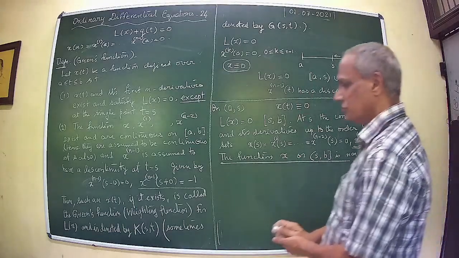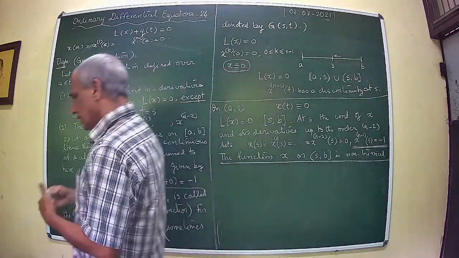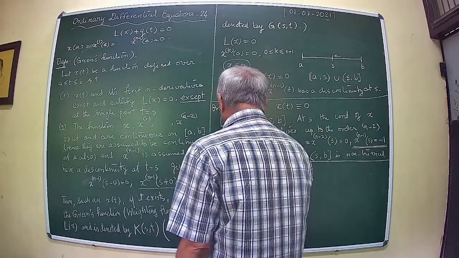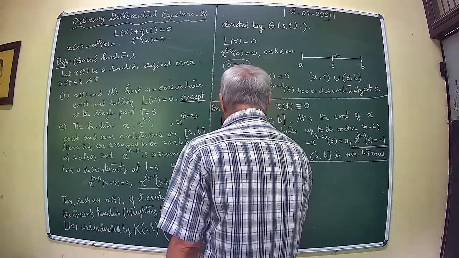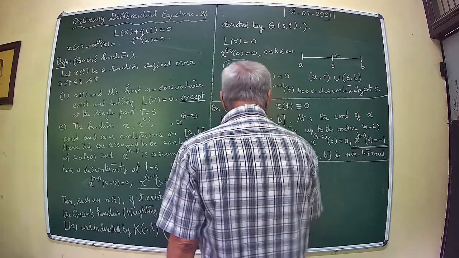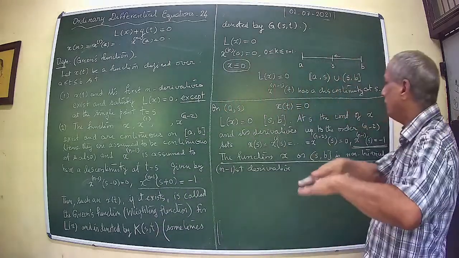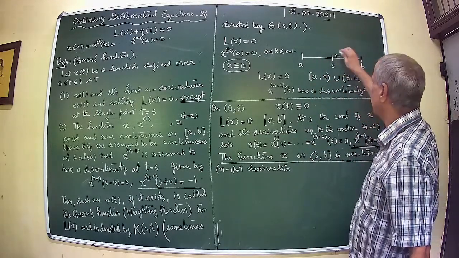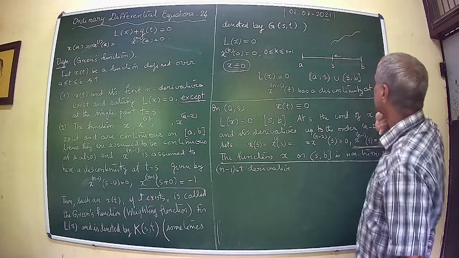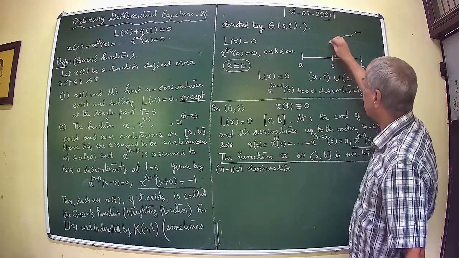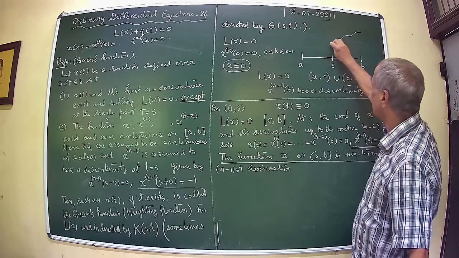So you have gotten, in fact, the n minus first derivative. See the function defined as 0 here, and beyond that there is some function like this. It has a jump discontinuity.